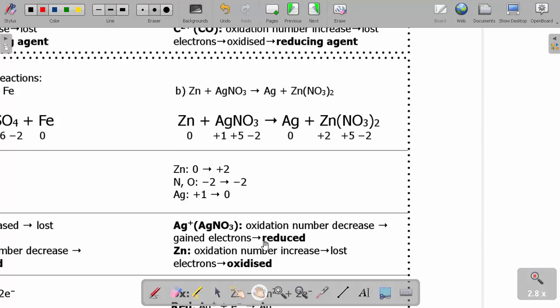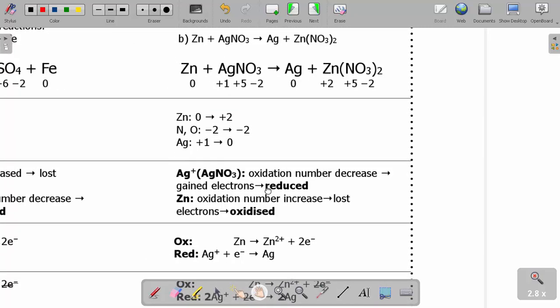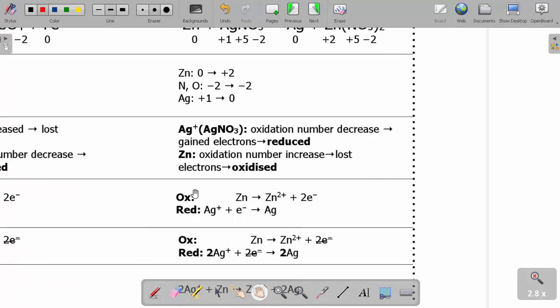So in this particular case, because zinc went from 0 to +2, zinc has been oxidized from 0 to +2. That's why it loses electrons. What about my silver? It has gained, from +1 to 0. So now, because this is 2 and this is 1 and this is 2, I must balance before I cancel the electrons.